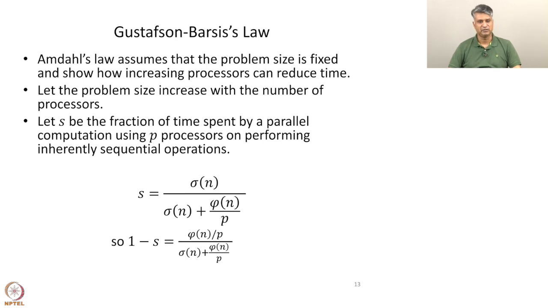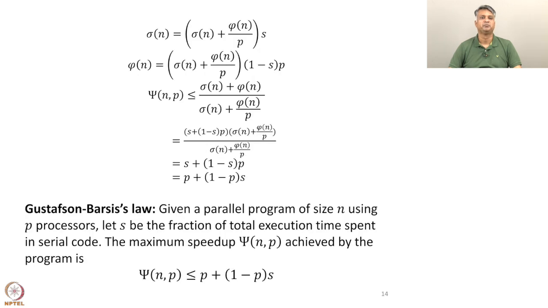So, 1 minus S will now become the parallel section of the program, which is psi n by P upon sigma n plus psi n by P. If I look at the speed up, which is now called the scaled speed up, then after a few algebra steps which have been detailed in the slide, psi of np will be less than or equal to S plus 1 minus S multiplied by P, or P plus 1 minus P by S. So, what it gives us is the maximum speed up that is possible to be achieved by a program.